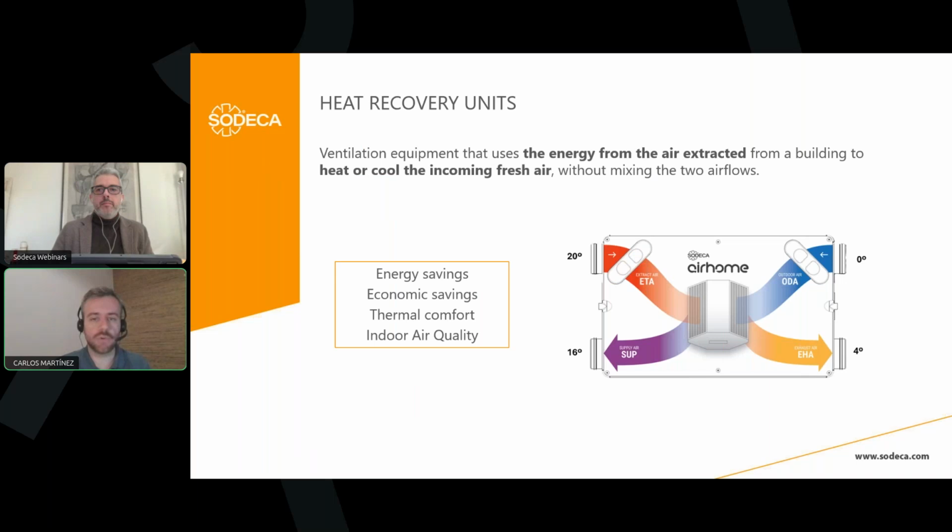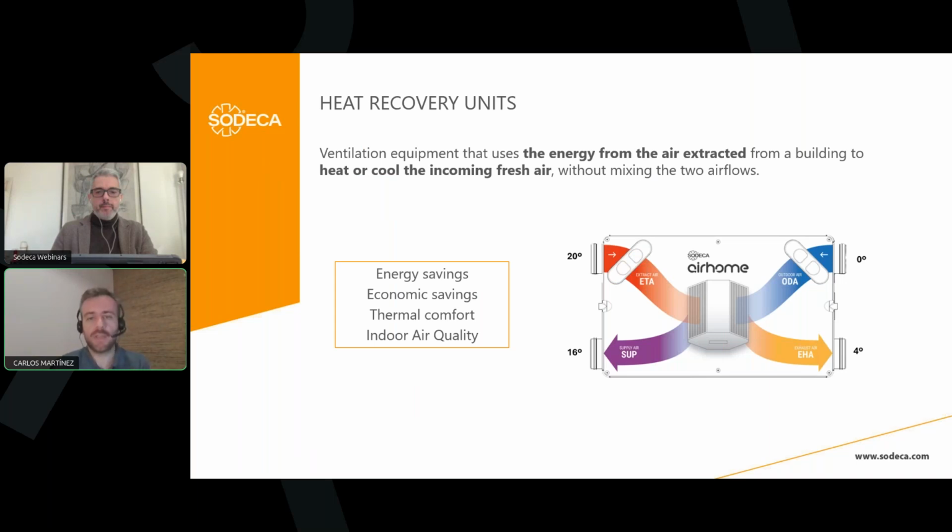Each flow is going to be in its own duct, but there is an exchanger that is like the core of the equipment where this exchange of energy is occurring. Okay, so using a heat recovery unit allows us to introduce fresh air without losing energy, or not losing as much energy as, for example, natural ventilation.